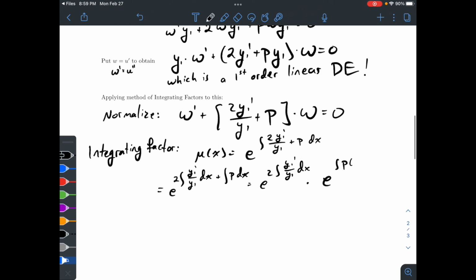Did I need to do that? I can't remember if I needed to do that or not, so I'll maybe save that for later. Let's worry about this integral right here for now.